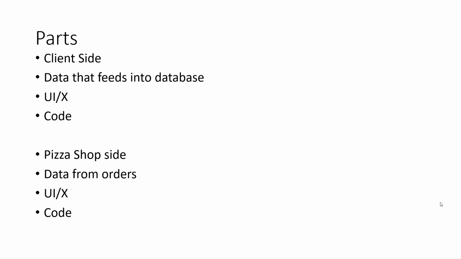And just like the client side, you need code to put all this together and bring it to life. For the pizza shop side, I don't think I'll probably be designing it for smartphones, but maybe something like a tablet, that might be, I don't know, mounted on the wall that they can just kind of flip through and see orders from the kitchen easily. But those are the parts that we're going to be putting together.